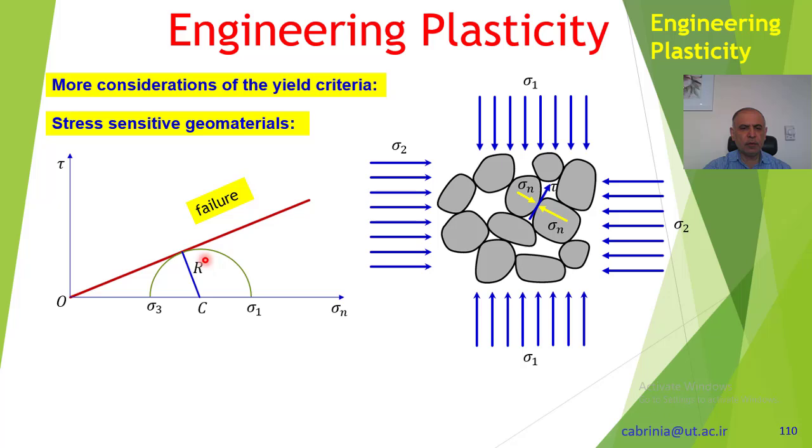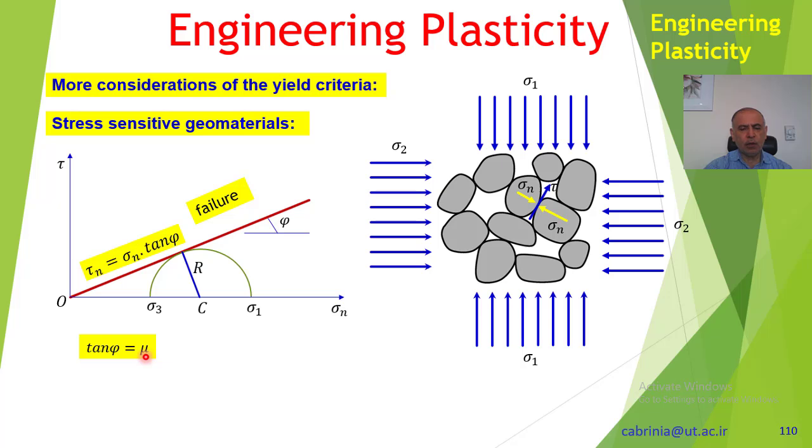Because if you want a higher stress, you have to draw a circle, for instance, here. Then you have higher shear stresses. So that's how it works, and we can see that this coefficient of friction is the angle of this line, and it can be shown like this: tangent phi is equal to mu.